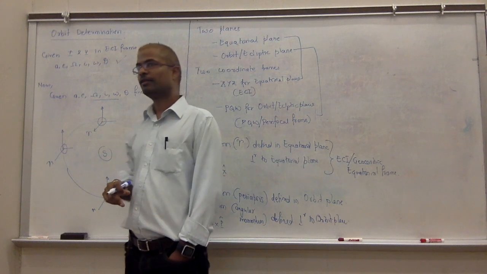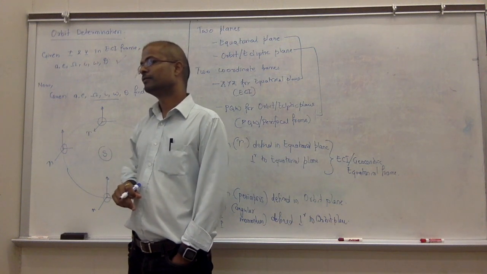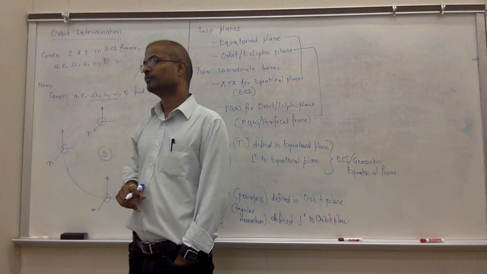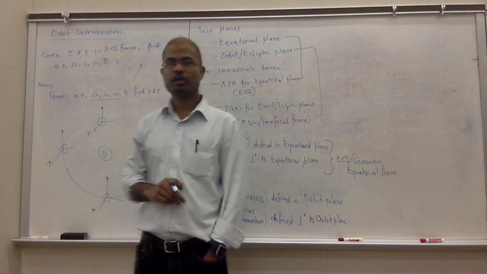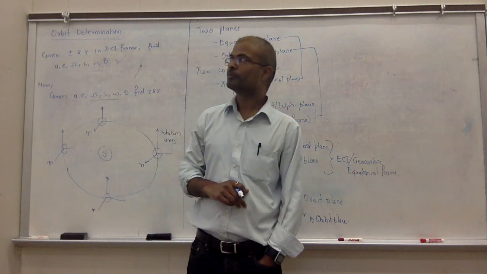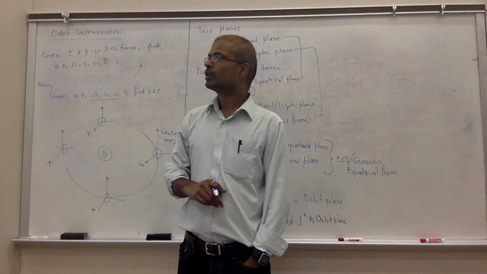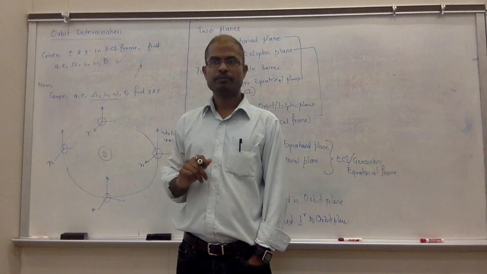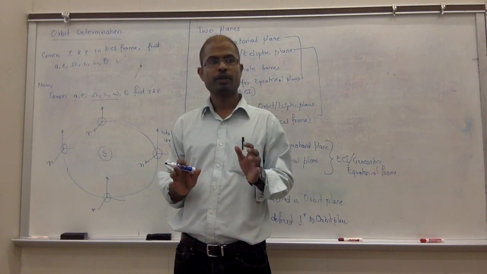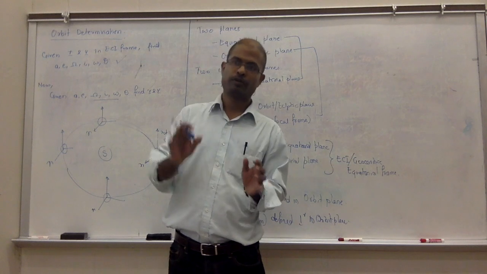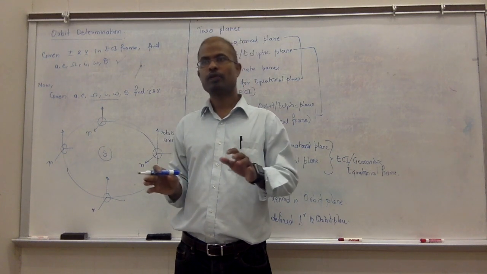The coordinate transformation I'm talking about is how do you go from the equatorial frame, how do you orient yourself from the equatorial frame into the orbital frame? So we talked about, remember, 3-1-3 rotation.